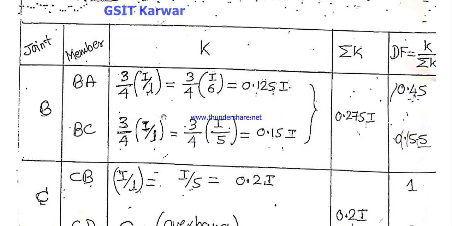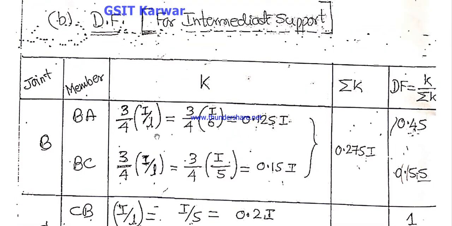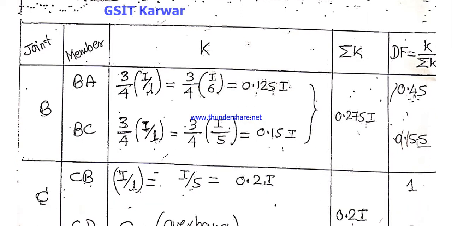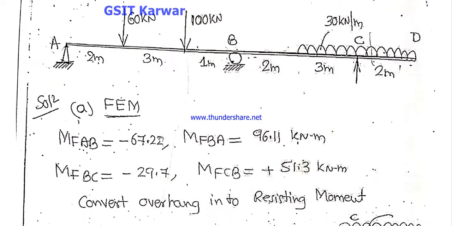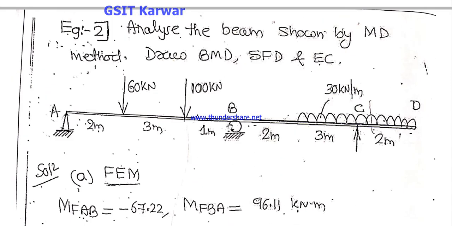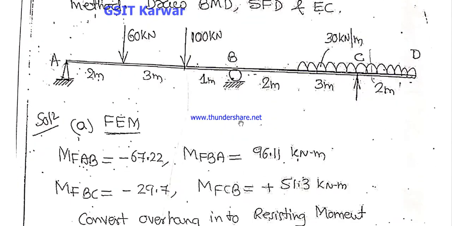For this, K is 3/4 of I by L. Why is K 3/4 of I by L for span BA and for span BC? According to the condition, after span BA, the beam is not continuous.